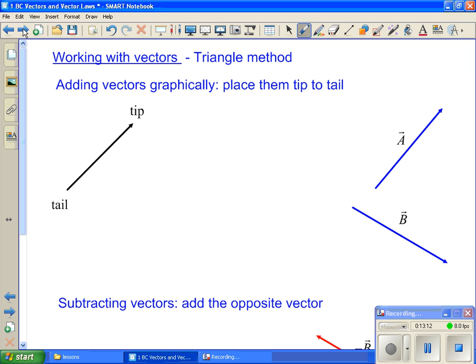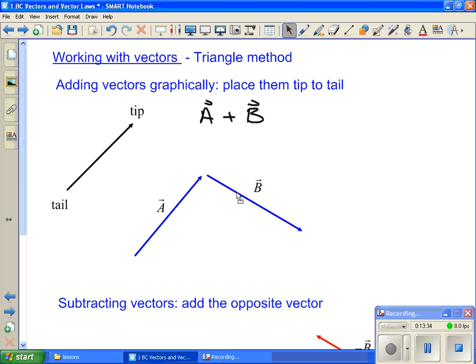So if we're adding them graphically, as I've already kind of done in a few examples, we want to place them tip to tail. So if I want to add vector A to vector B, well, I take vector A, I put it down over here, and then I take vector B and I place the tail of vector B on the tip of vector A. And when we add 2 vectors, the result that we get, we often call R, which stands for the resultant vector.